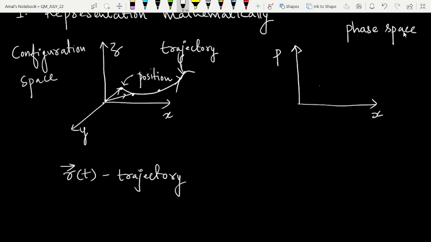One point in this phase space, this coordinate gives the position, and this coordinate gives the momentum of the particle. In the configuration space, it gives the configuration of the particle, or the initial condition. Here it gives the state of the particle.